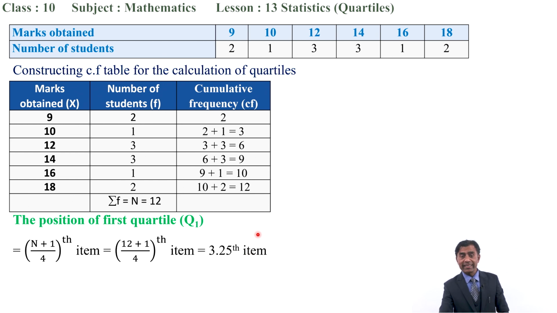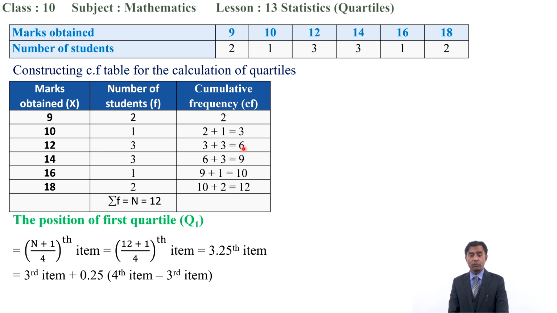With the help of the CF table, we can find its value. Look at 3.25: it is not 3, which is here in the second part, but it is a bit more than 3, so it lies on 6. So 3.25 means more than 3. So how to find it?